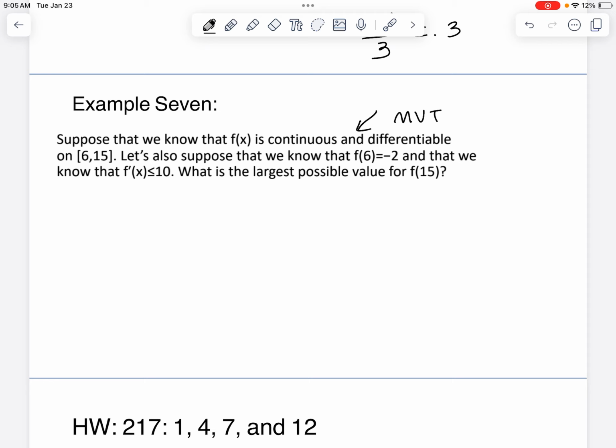Okay, so what we know based on the mean value theorem is that this is true. F prime of x, or c, but let's just use x, is going to be equivalent to f of 15 minus f of 6 over 15 minus 6. So the mean value theorem tells us that is true. I'm going to simplify it real quick because I can go ahead and simplify the denominator.